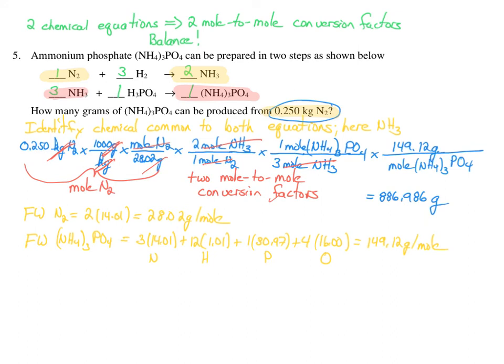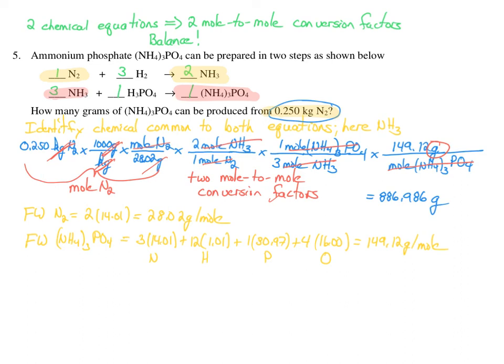All right, so we check our last conversion factor to see if we set it up right. We see that a mole of ammonium phosphate is equivalent to 149.12 grams. And this is set up such that moles of ammonium phosphate cancel out. We're left with units of grams as our desired unit for our answer.